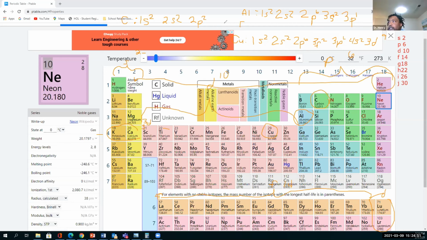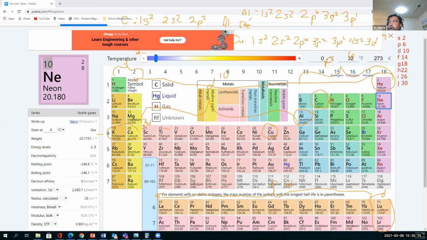Another way that we could write this is by taking the noble gas. You guys remember the noble gases? The noble gas that would be before this element. So what noble gas is before aluminum? Neon? Neon. So we'd write neon. Neon would represent our core.